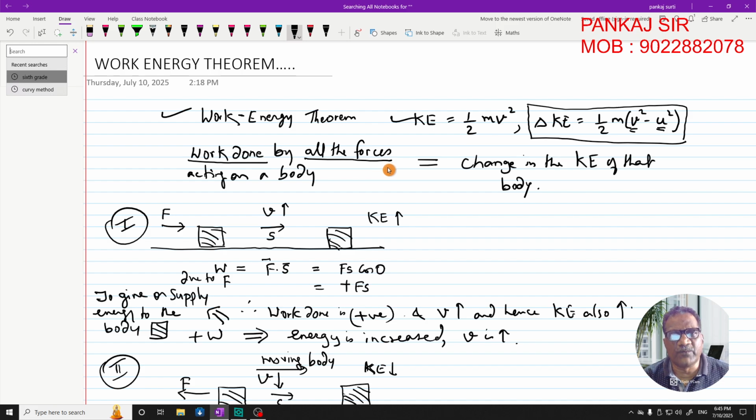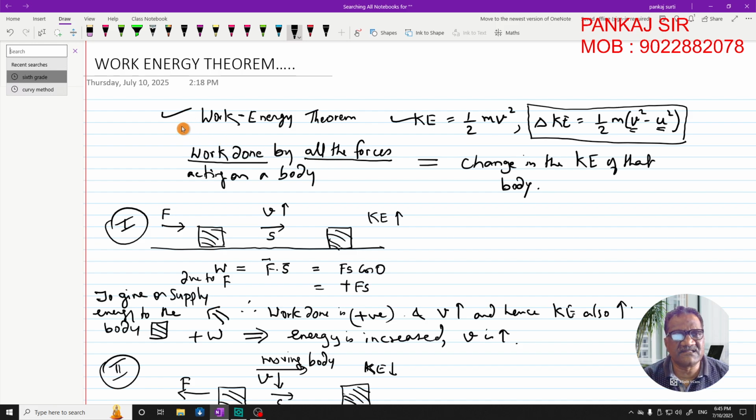Any body can be acted upon by one force or two or three or four or many more. These can be internal forces, external forces, forces of certain types, or of some other type. Whatever the nature of the force, you have to consider all the forces.